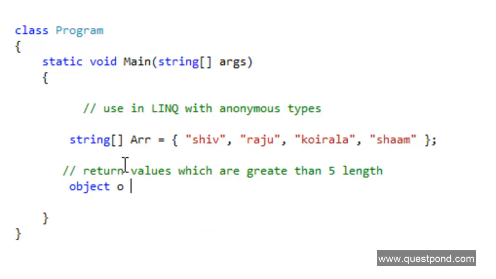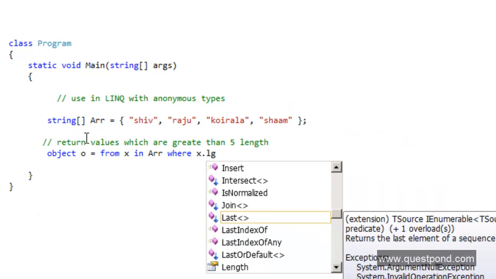So let me say object O, because I don't know what will be returned from the LINQ query, and let me type the LINQ query: from x in the array where x.Length is greater than 5.